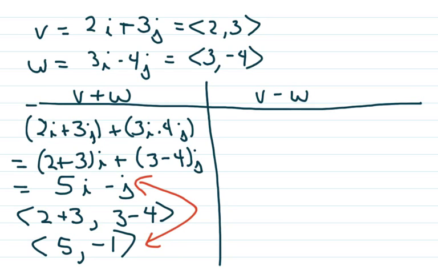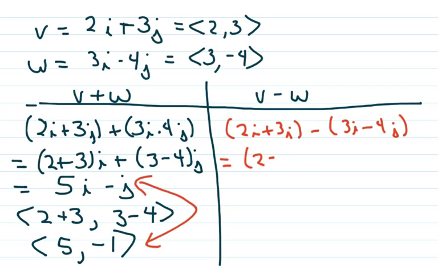Okay, v minus w is going to be, I'll do it in a different color. It's going to be 2i plus 3j minus (3i minus 4j). And then you just combine, put your (2 minus 3)i, and then we're going to have plus (3 minus negative 4)j.